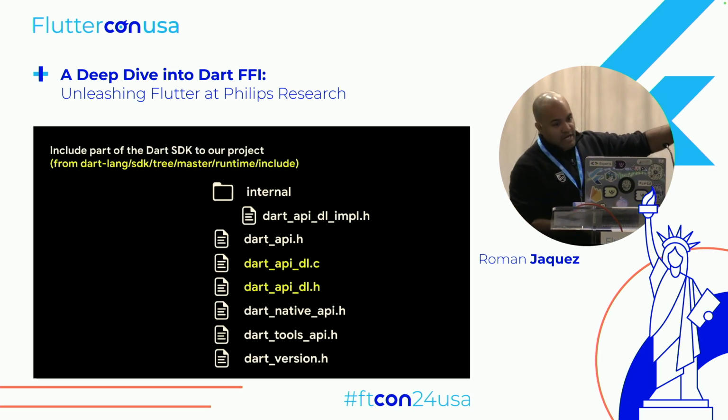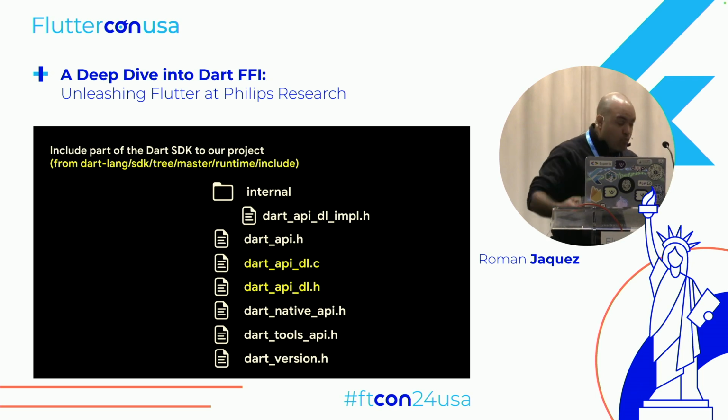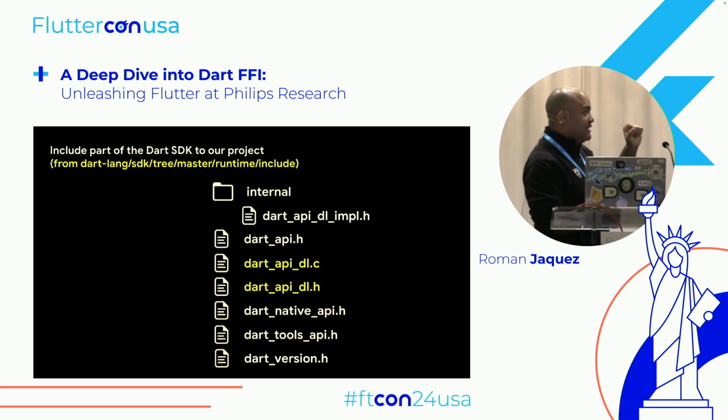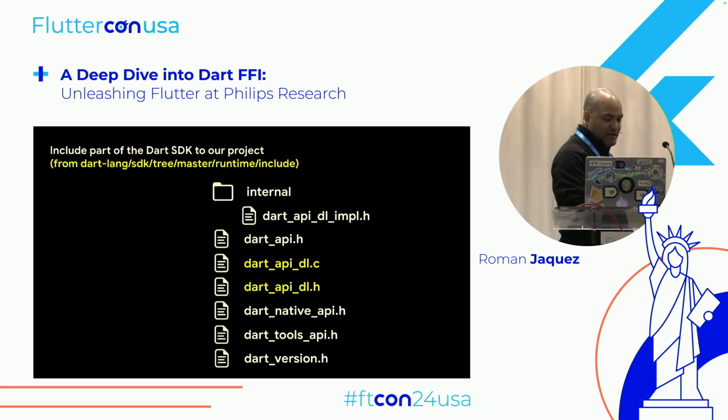Then this is the key part right here. In your shared library with your code, you grab the files that are part of the Dart language SDK. This is actually even recommended by Slava. He was walking around yesterday here. This is the way that it's actually done. You grab the include files from the Dart SDK and you package them up with your own library.